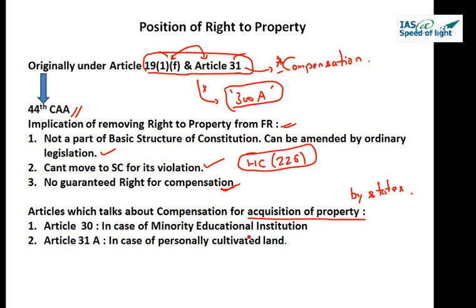In case of minority educational institutions, if a state acquires that particular land, it has to pay compensation, and it should be competitive. Second, which we are going to study, is Article 31A. In case of personally cultivated land, if a state acquires that particular land, then it is bound to give compensation. So this is the present position of the right to property in the Constitution.